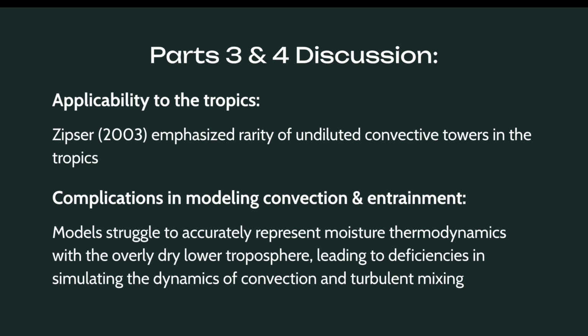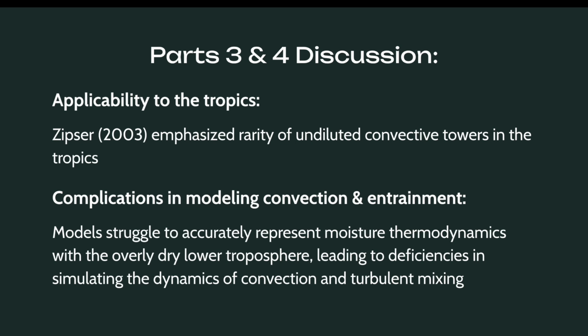And so what the models are showing is a stronger near-surface mixing than what is really observed. This acts to weaken the vertical moisture gradient, and that makes the modeled surface a lot drier than what observations actually show. The model then often fails to allow convection to entrain environmental air.